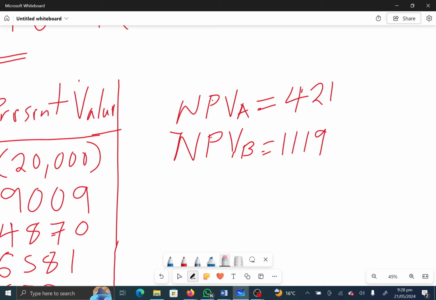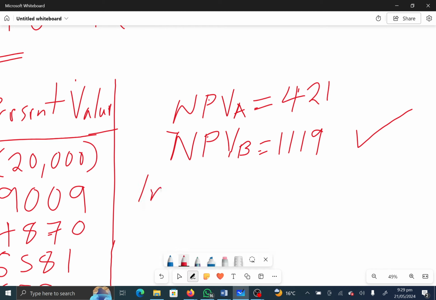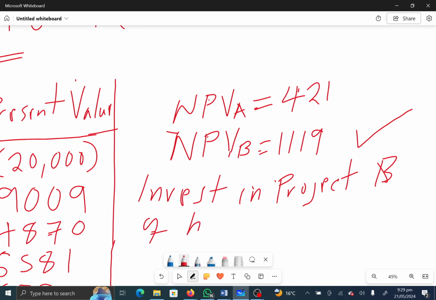So the project which was giving more money in the long run was project B. So we can now conclude, since they're asking us which project you should invest in: invest in project B because it has a higher NPV.